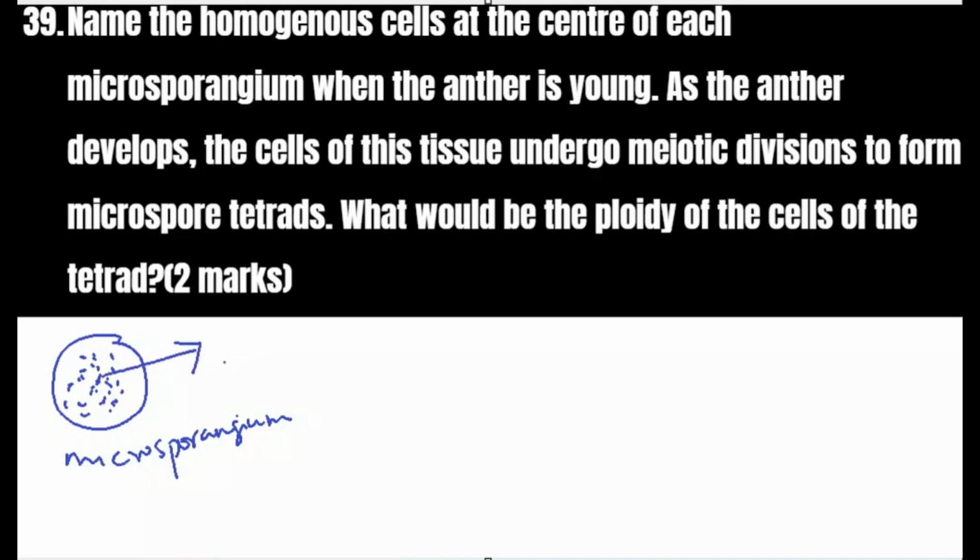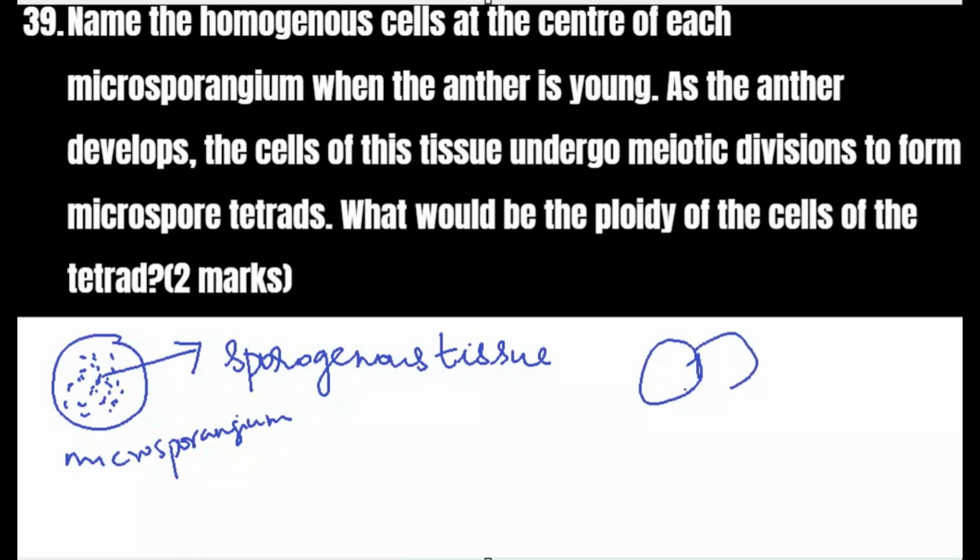These homogeneous cells are called sporogenous tissue. Then as the anther develops, the cells of this tissue undergo meiotic division to form microspore tetrads. So 1, 2, 3, 4. This has become a microspore tetrad.